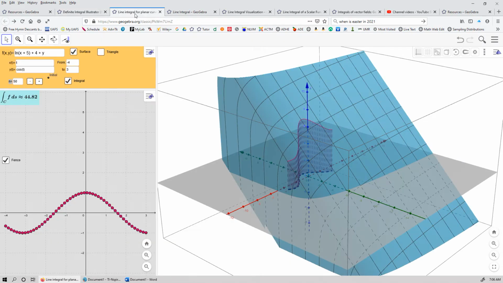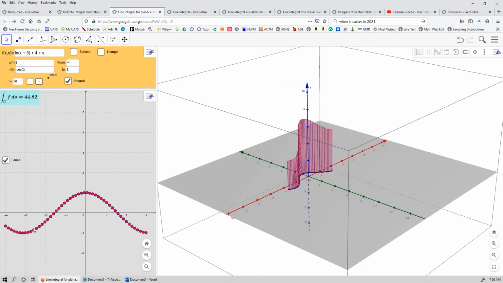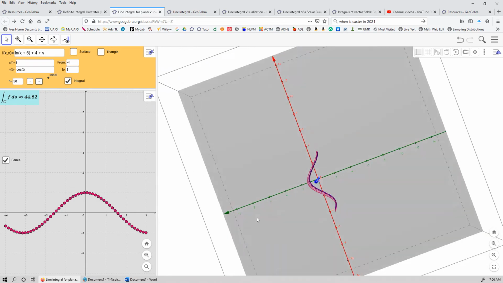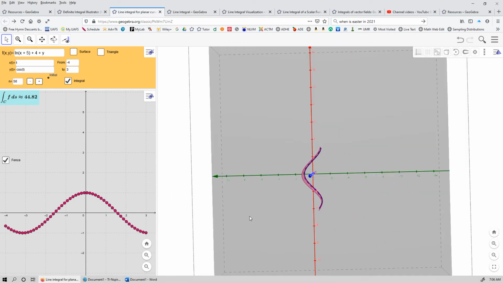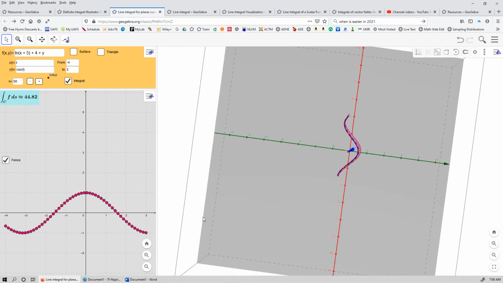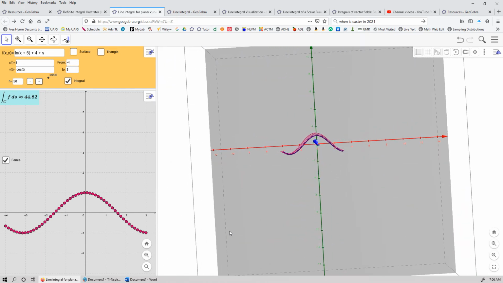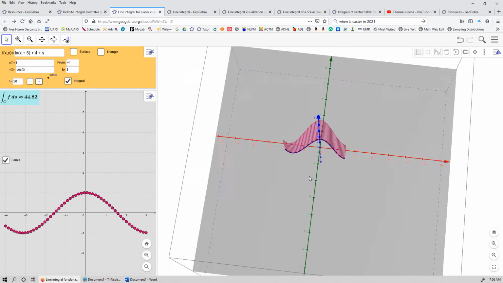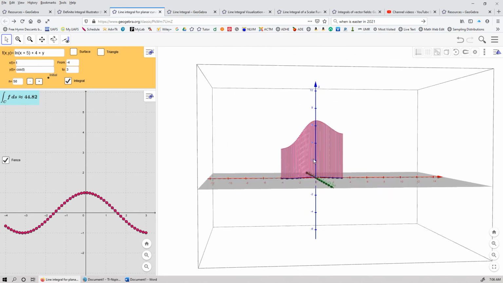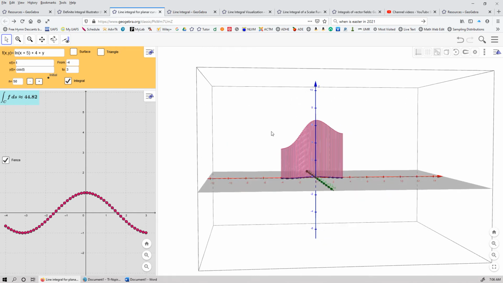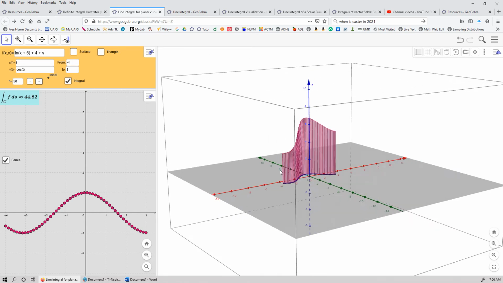So I think I have, yeah, this is it here. So this is the curve here. If you look at it straight from above, let's see, get it oriented that way. Turn it around. Well, we're almost straight from above. You can see the base curve there is what we have here, but the heights are variable. It's going up and down.